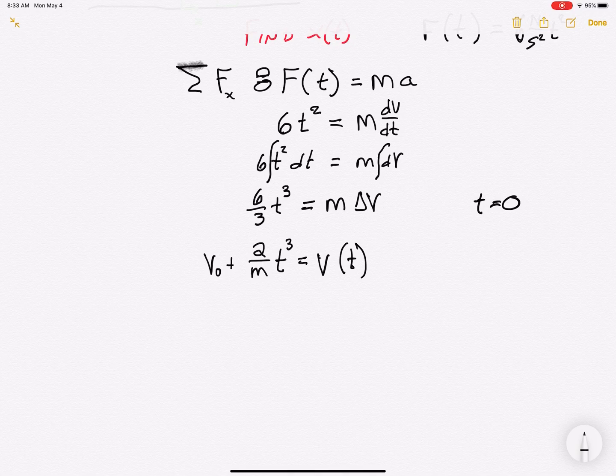Okay, so we know velocity is dx dt, so we'll have to integrate again.